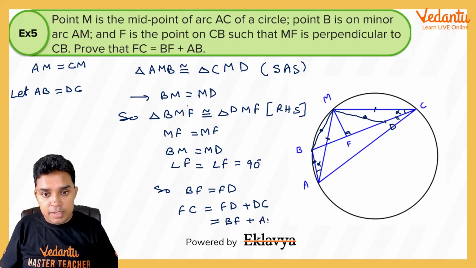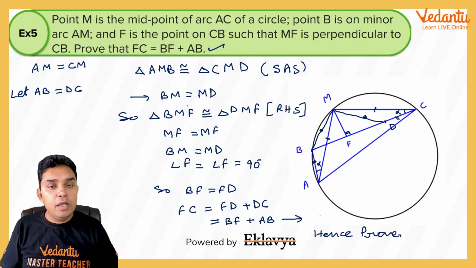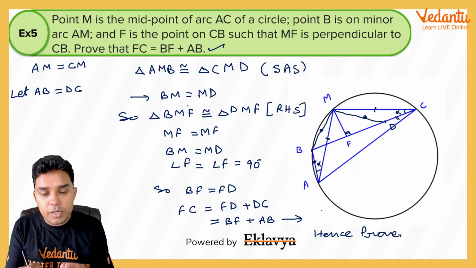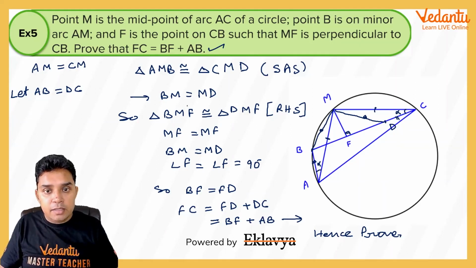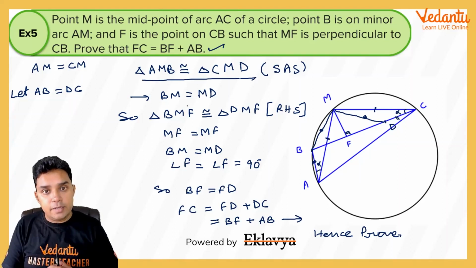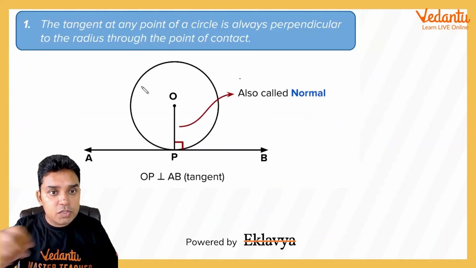So we will write DC as AB, and that is what we are supposed to prove, and hence it is done. So it was a very easy question based on some properties of cyclic quadrilaterals, or you can say angles in the same segment, and then properties based on congruency. It is done.